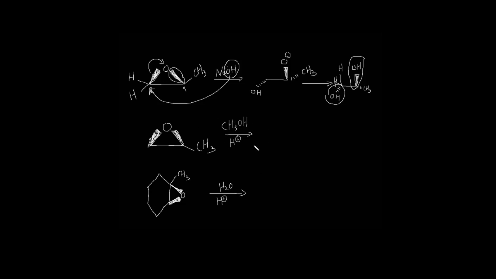In the second example, we have an acidic condition. If you have an acidic condition, obviously it's going to be a weak nucleophile because you don't have a strong base. Usually it's an alcohol, and it attacks the more substituted carbon number 1.